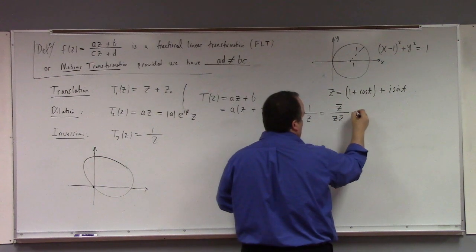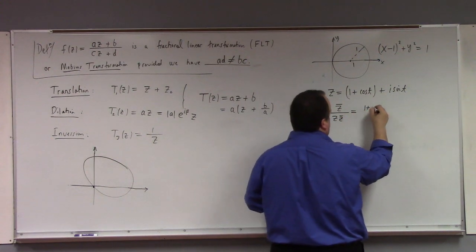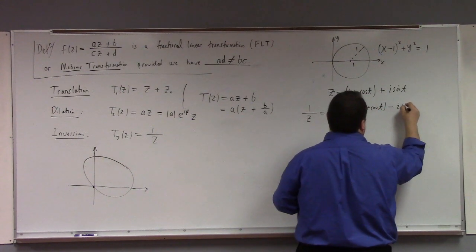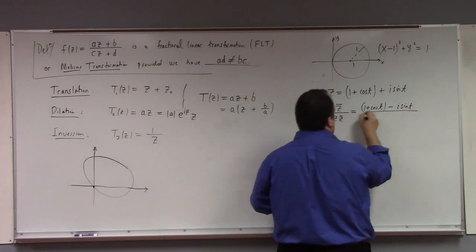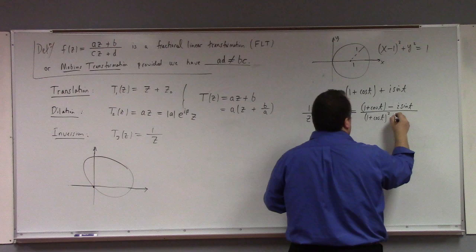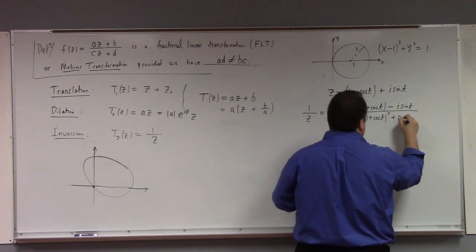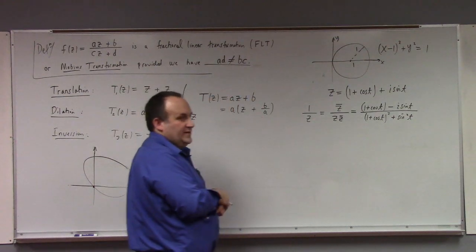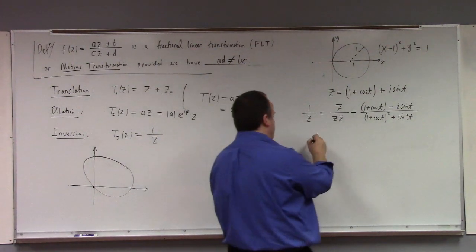Let's do that. So you've got 1 plus cos t minus i sine t, divided by 1 plus cos t squared plus sine squared. And let's work that out.